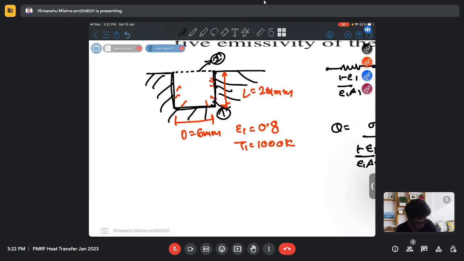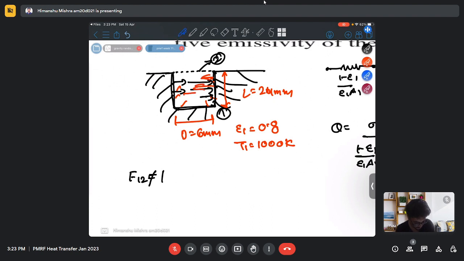So from inspection we can see that in this question we cannot say the shape factor F12 equals 1, because whatever radiation is coming from surface 1 can still fall on surface 1, or the other way around as well.